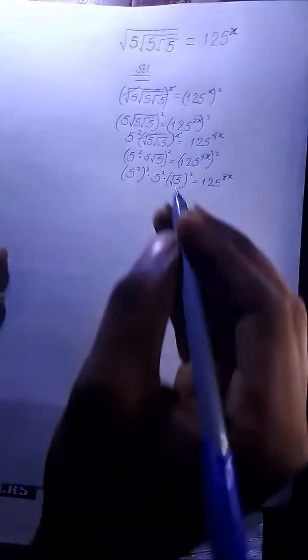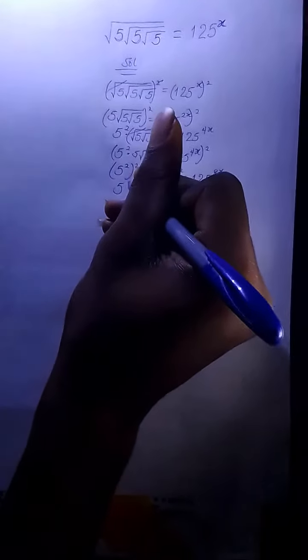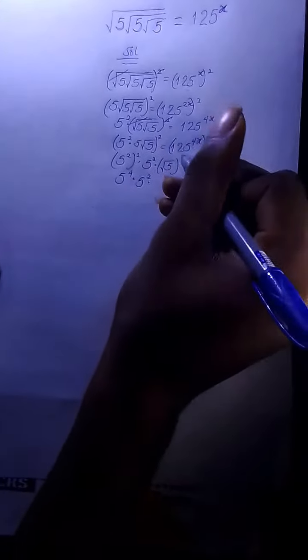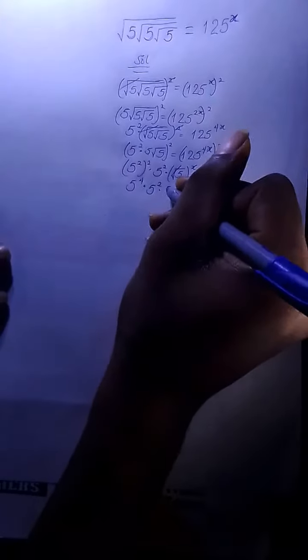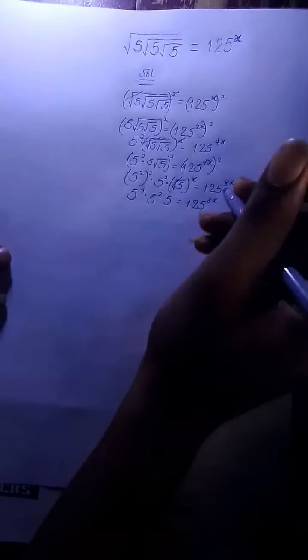We multiply the powers, so we have 5 to the power of 4 multiplied by 5 squared, where the square cancels the square root, multiplied by 5, equals 125 to the power of 8x.